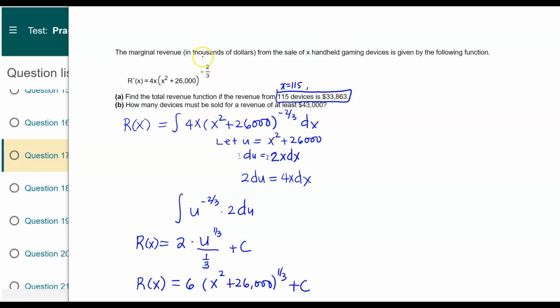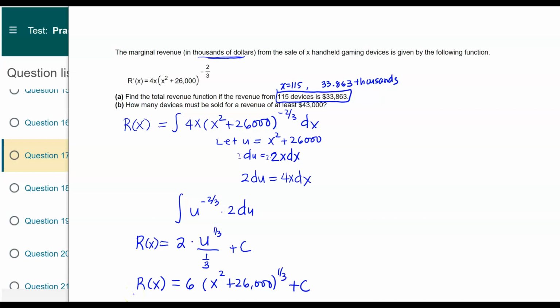Now be careful. It says here that the marginal revenue is in thousands of dollars. So this 33,863 is equivalent to 33.863, that's 33.863 thousands.